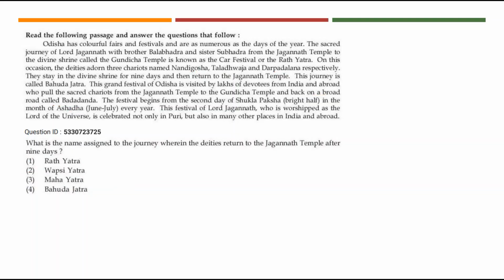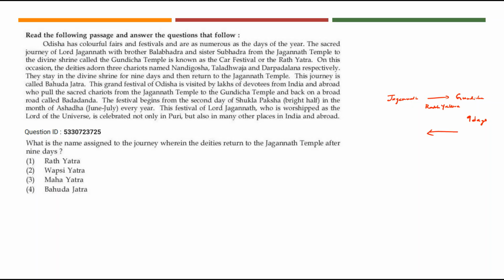Next question. What is the name assigned to the journey wherein the deities return to the Jagannath temple after 9 days? So from Jagannath temple to Gundicha temple, it is Radayatra or the Car festival we can say. They stay in the divine shrine for 9 days. After the 9 days stay, they return to the Jagannath temple.